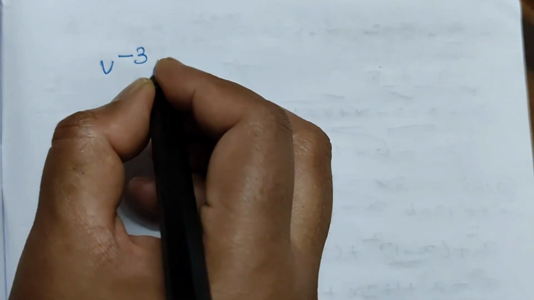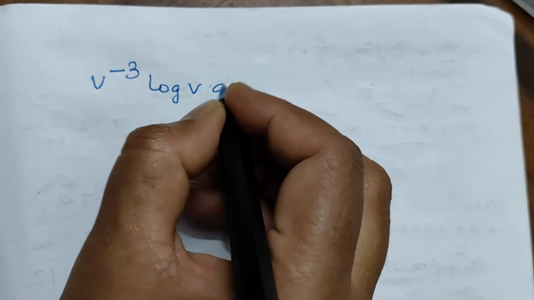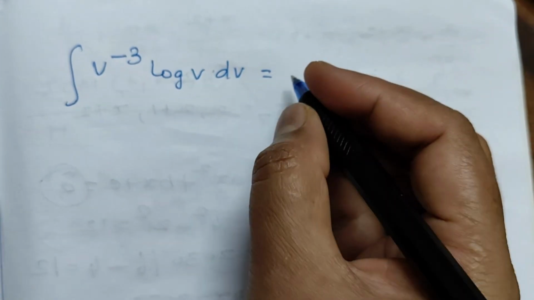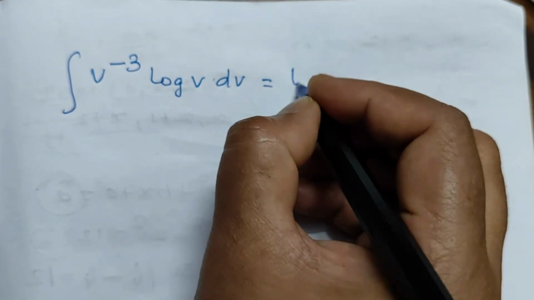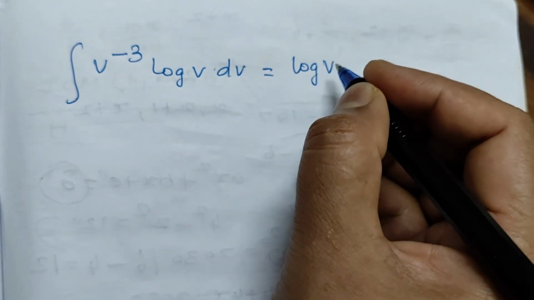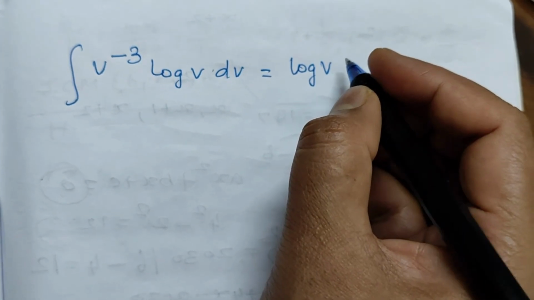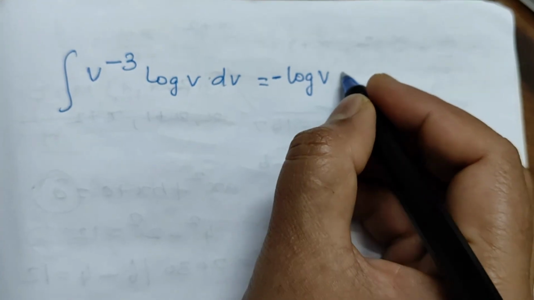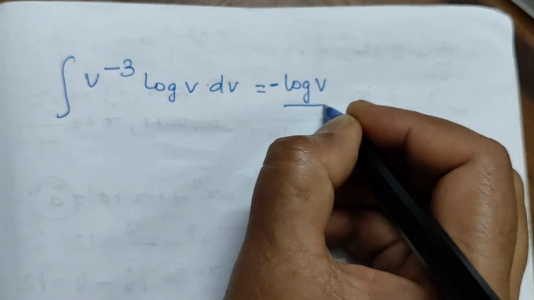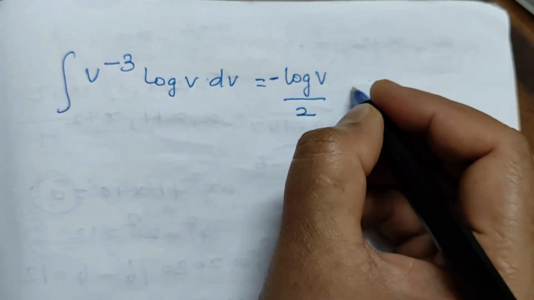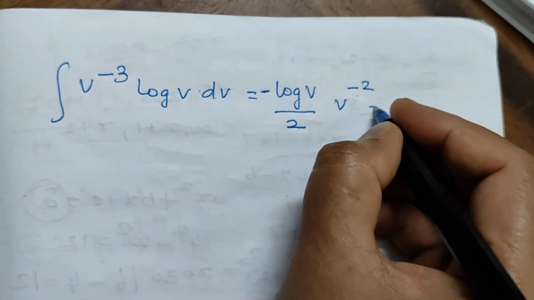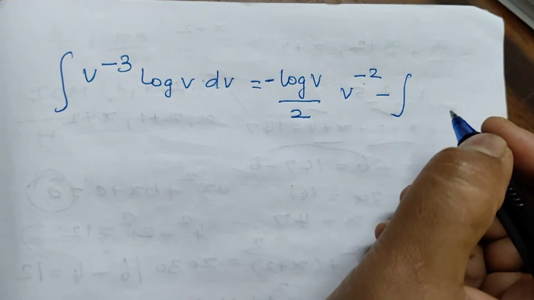So now the integral of v^(−3) log v dv equals u·v, that is log v times −1/2 v^(−2), minus the integral of v du.